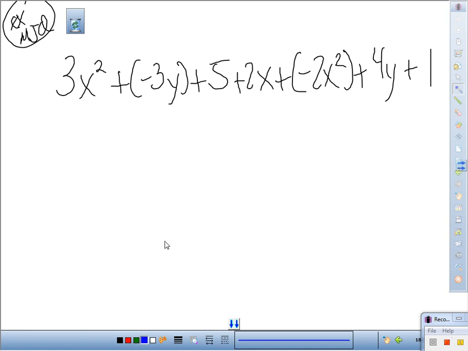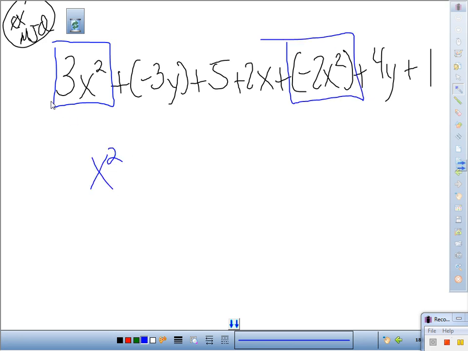All right. Here we go. So I'm going to start by boxing my 3x squared. Is there another term with x squared? Yes. So I write x squared. What is 3 and negative 2? Positive, right? Positive 1x squared. Okay, so there it is. Positive 1x squared. All right, next.